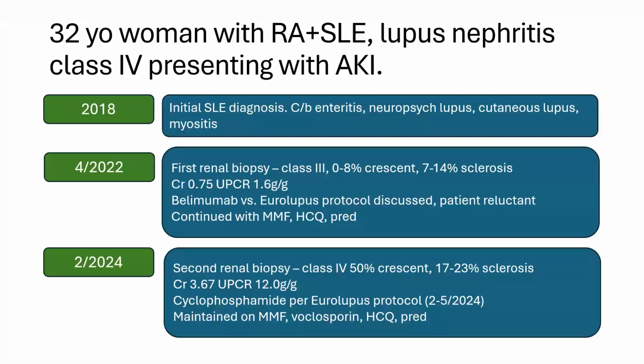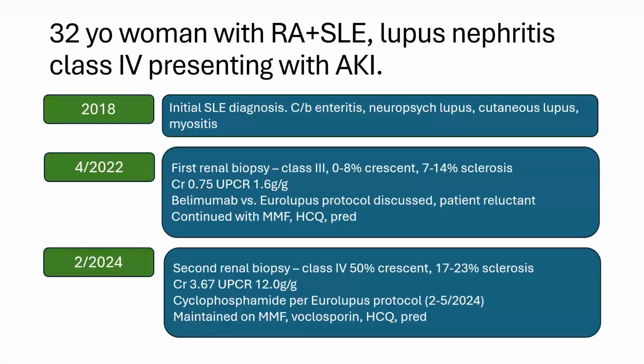Her first lupus nephritis diagnosis was in 2022 when she had creatinine of 0.7 and urine protein creatinine ratio of 1.6 gram per gram. Biopsy at that time showed class 3, up to 8% crescents, and she was really reluctant to go through any active therapy at that time.